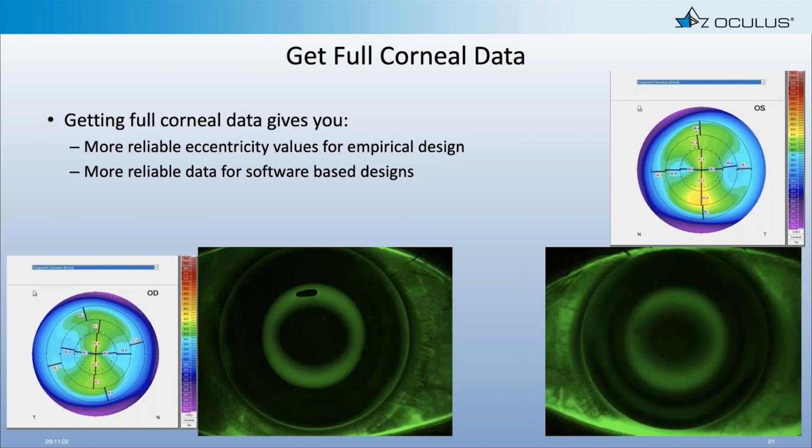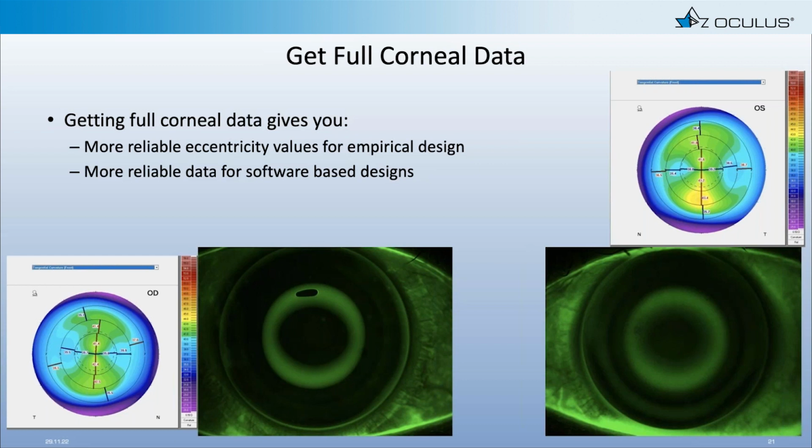Another aspect of Pentacam that we talked about and is really helpful is that full corneal data. For many years, I used to fit Ortho-K lenses using a software program that could customize the lens really well. But I was using a corneal topographer and it was getting me only maybe 8 to 10 millimeters of corneal information, which is great if I'm fitting an 8 to 10 millimeter lens.